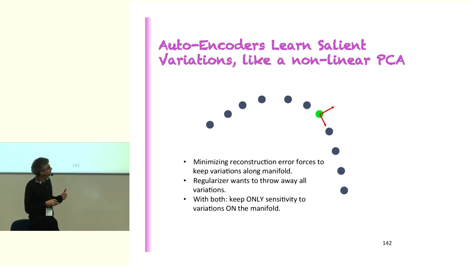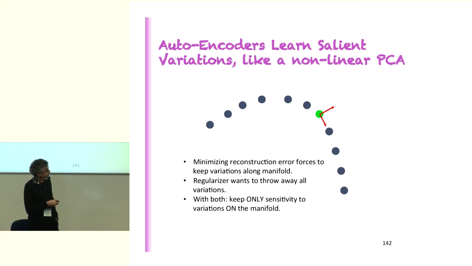Okay, so what happens is if we take an example, the learner has to find representations that will be sensitive to changes along the manifold, because going from here to here, I get another example, and I want a representation for this guy to be different from the representation of that guy. Otherwise, when I reconstruct, I would not be able to distinguish them. So the representation has to vary as I move in this direction.